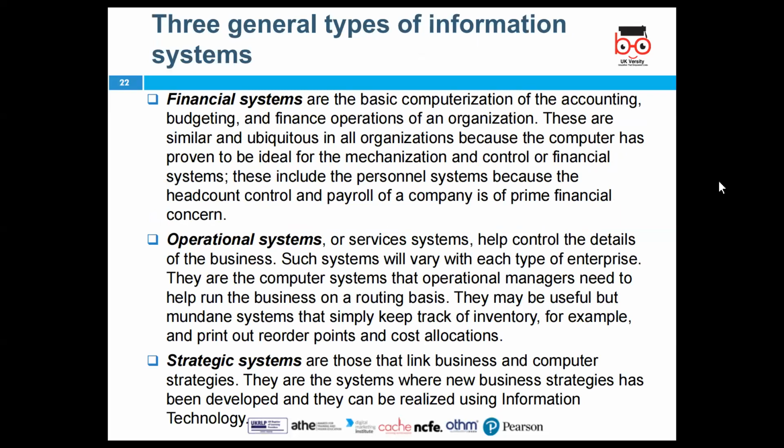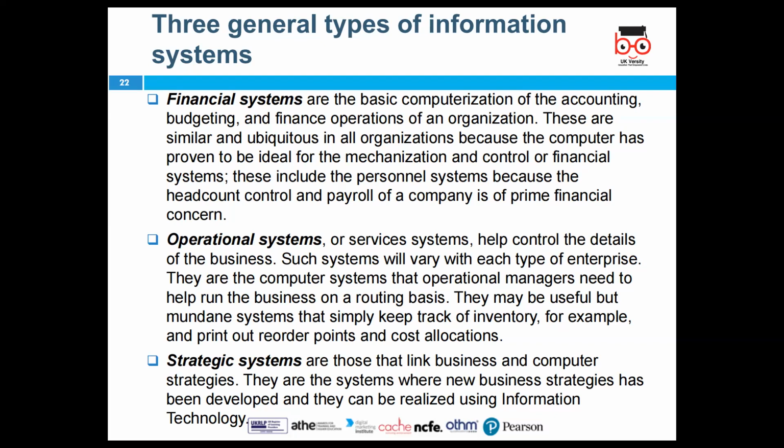Also, now we have three general types of information systems. So we have financial, operational, and strategic. Financial system is the basic computerization of accounting. It is a system that will look into budgeting, finance, operation, and organization.